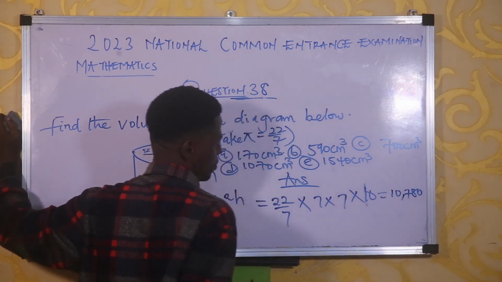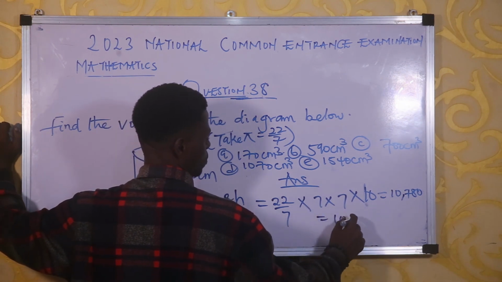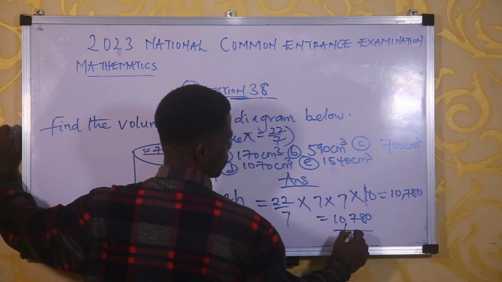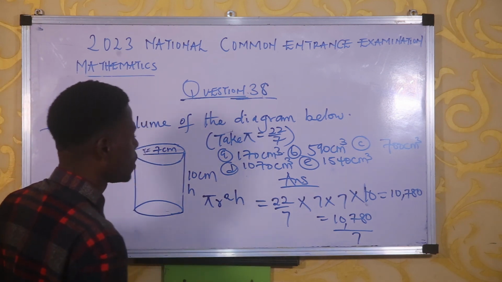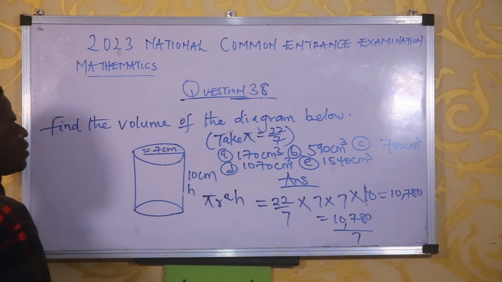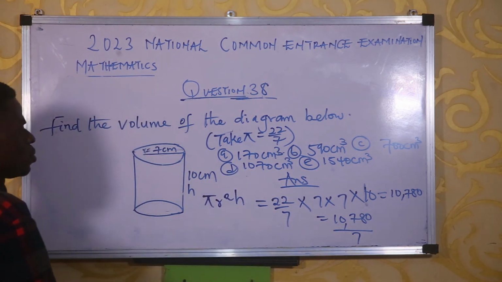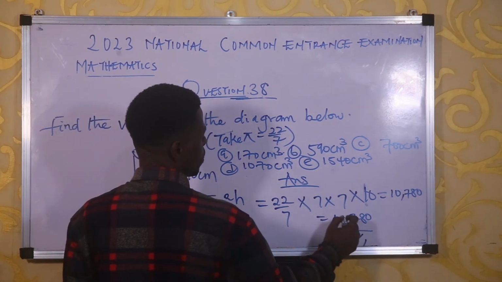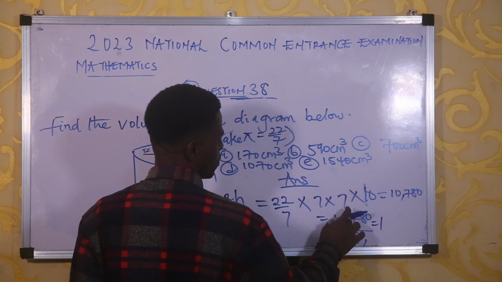22 times 7 times 7 times 10 will give us 10,780, divided by this 7. Now let's divide it. 7 in 10 is 1, remainder 3.